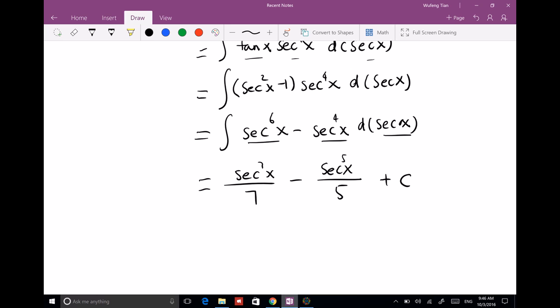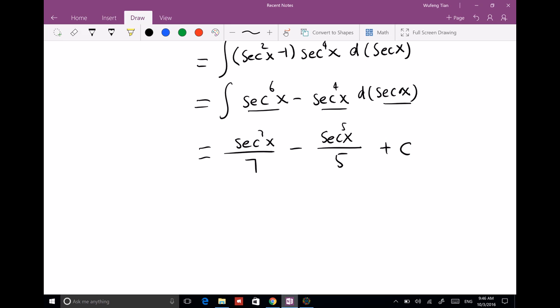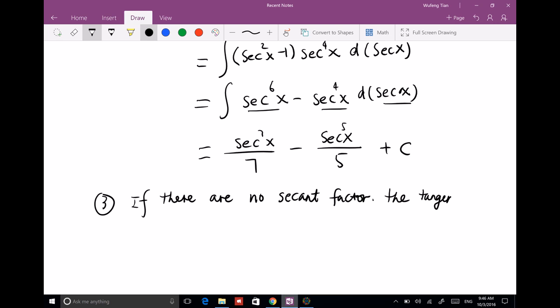Okay, so next one, if there are no secant factors. Okay, the tangent power is even and positive.